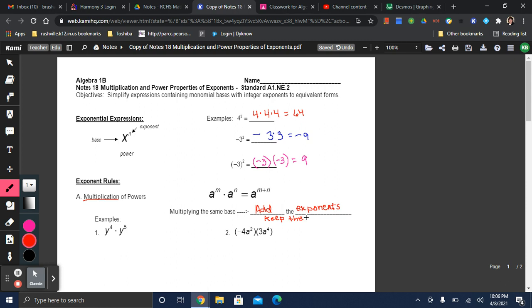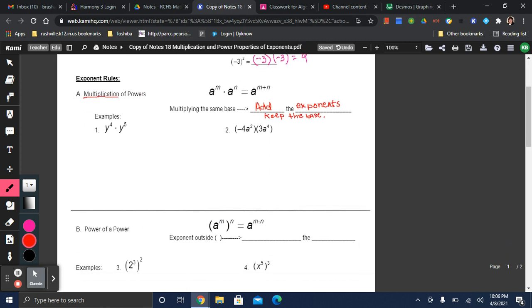Keep the base. All right, so at the beginning of your assignment, you're going to have a question that asks you to write this without exponents and then to write it with. So we're going to do that on this first example. Writing it without exponents, y to the 4th means y times y times y times y.